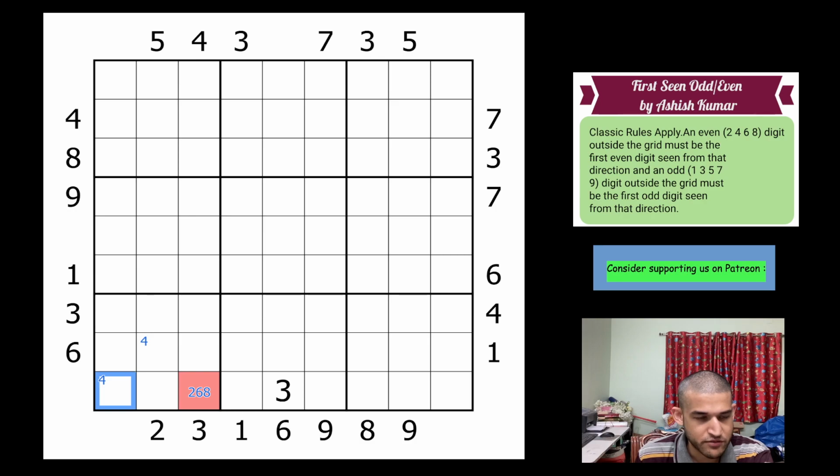Now a 4 here forces a 2 here and a 6 here and an 8 here, which is seemingly fine.